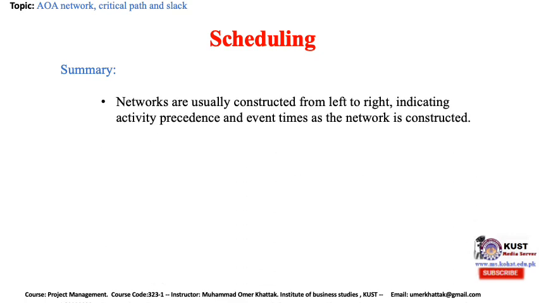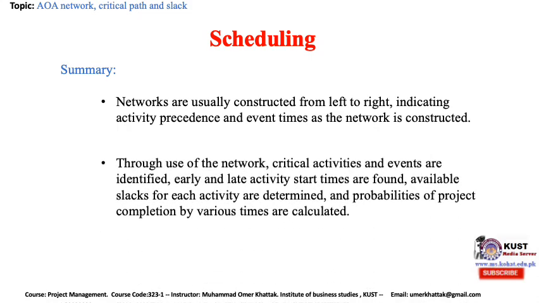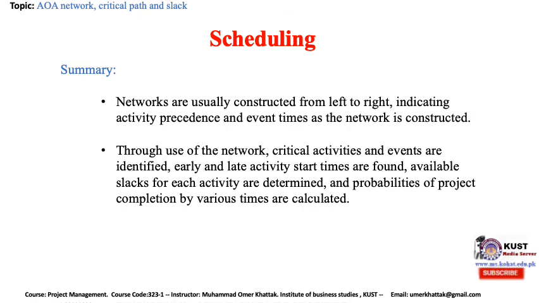Networks are usually constructed from left to right, indicating activity precedence and event times as the network is constructed. Through use of the network, critical activities and events are identified. Early and late activity start times are found, available slacks for each activity are determined, and probabilities of project completion by various times are calculated.